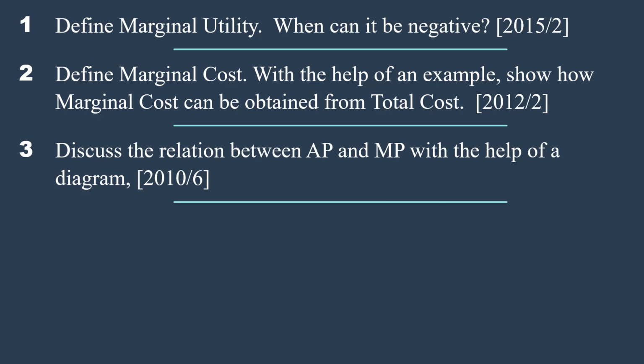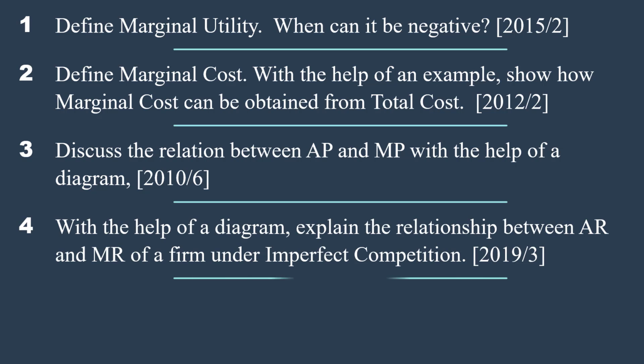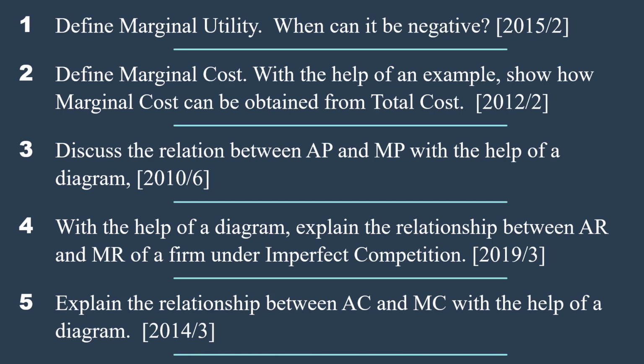Discuss the relation between average product and marginal product with the help of a diagram. With the help of a diagram, explain the relationship between average revenue and marginal revenue of a firm under imperfect competition. Explain the relationship between average cost and marginal cost with the help of a diagram.